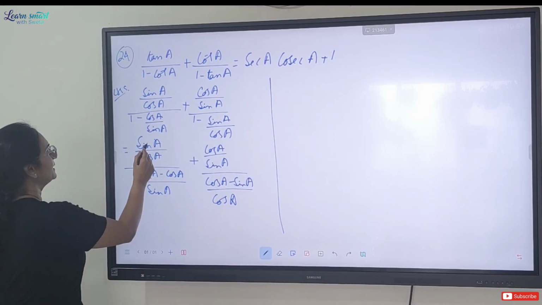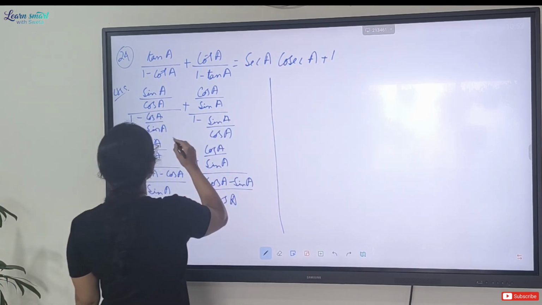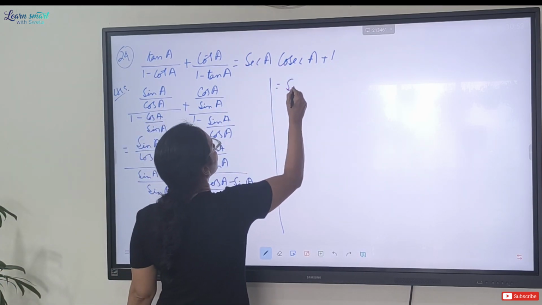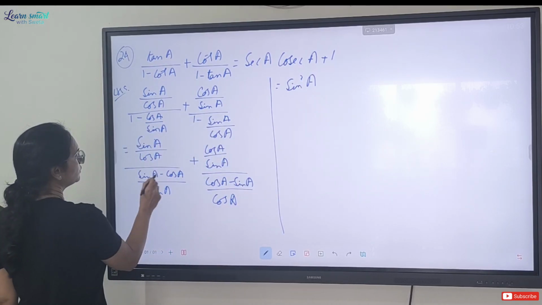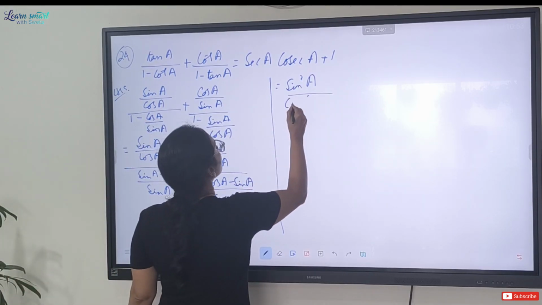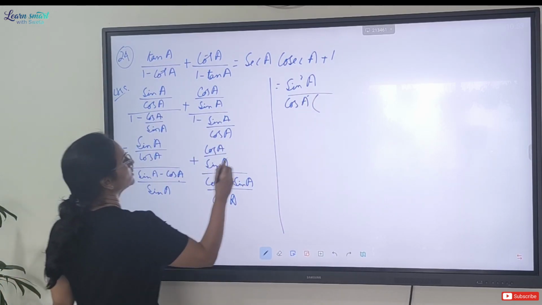So we can write this as sin A by cos A into sin A. So it will become sin square A. We are only simplifying. And we get sin square A by cos A into sin A minus cos A.